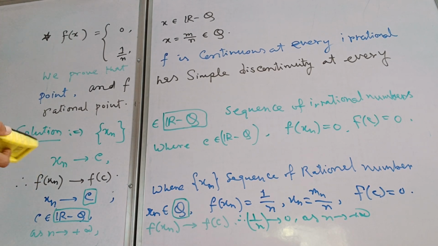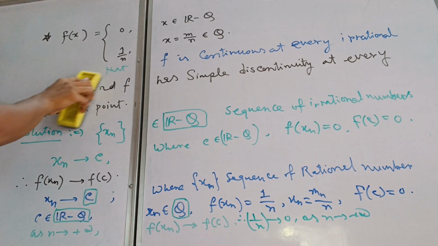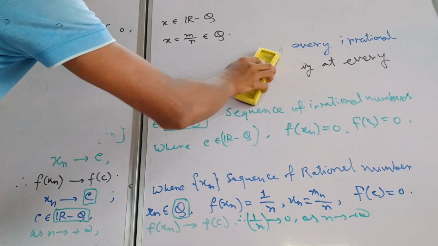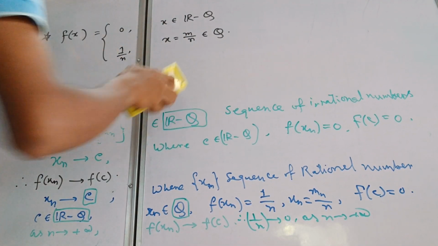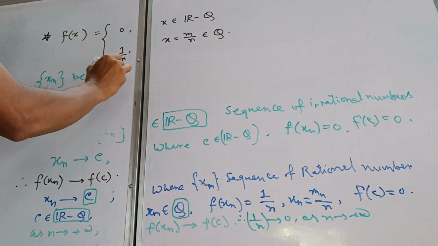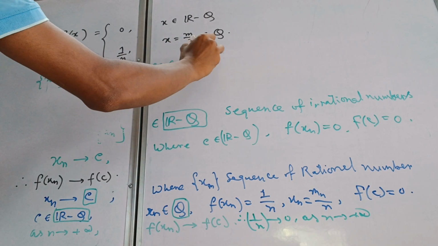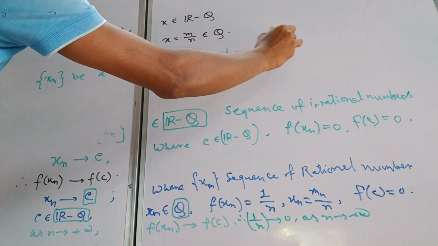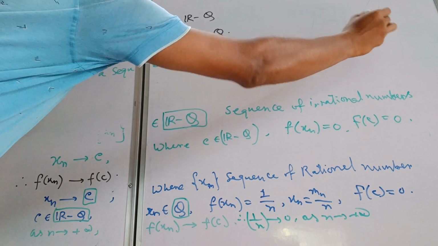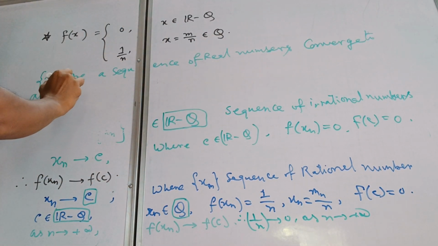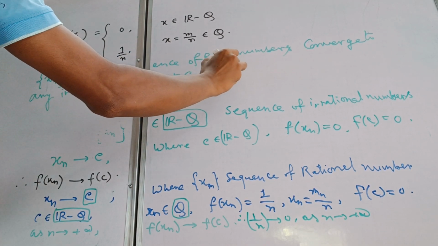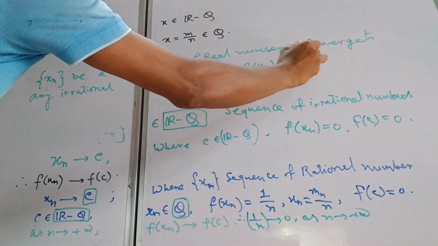So let xn be a sequence of real numbers, either irrational or rational, converging to any irrational point c, then f of xn converges to f of c.